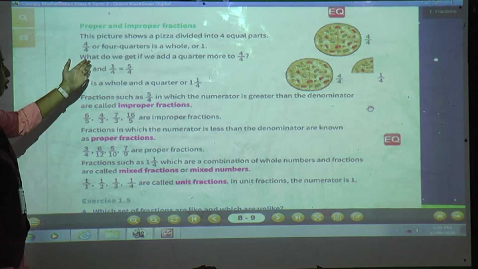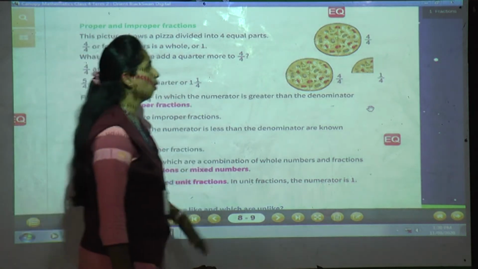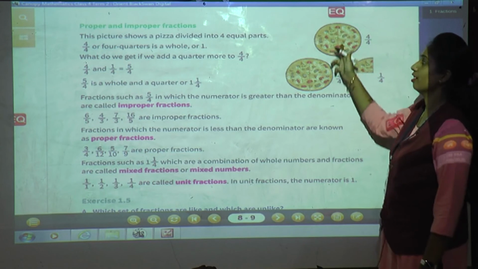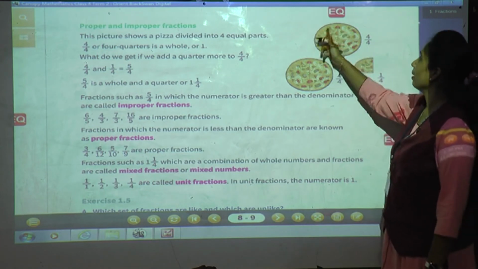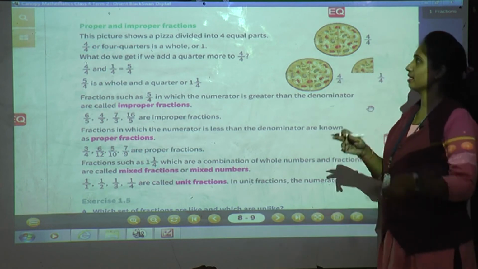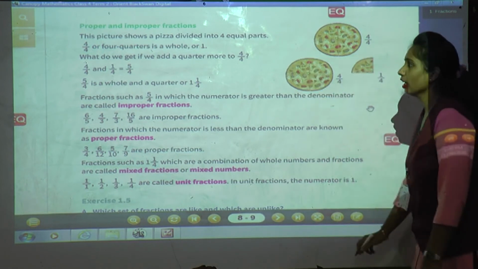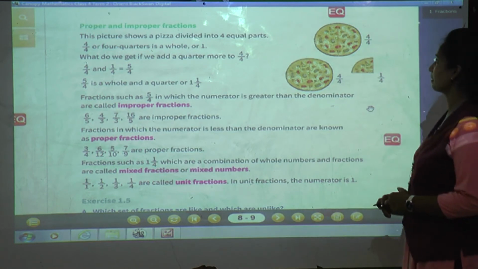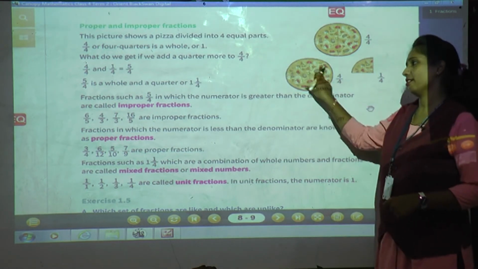4 by 4, or 4/4, is a whole pizza. Now how many parts are there in the pizza? There are 4 parts. But this full means what? Whole pizza, full pizza, that is called 1. So what do we get if we add a quarter more to 4 by 4? Now already 4 parts are there.